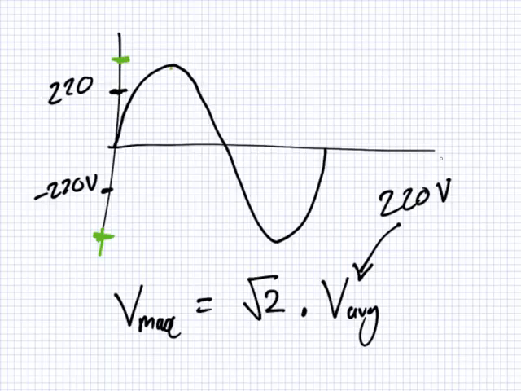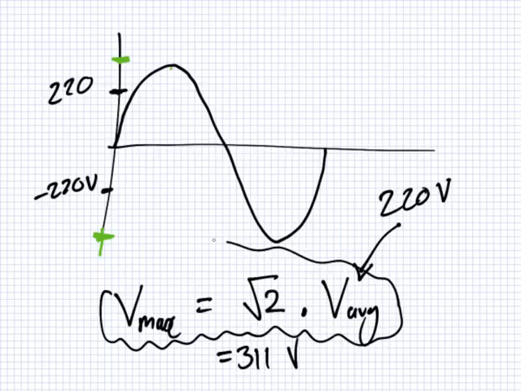So if I do 220 times root 2, that means the voltage hits as high as 311 volts on the peaks, and on the troughs as low as minus 311. So why root 2? It's a maths thing.